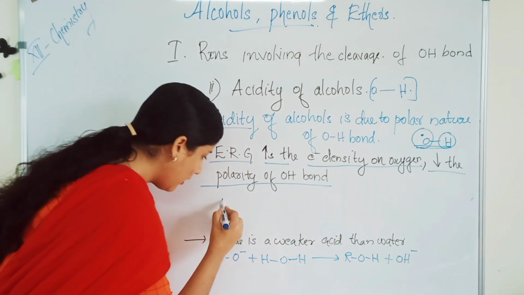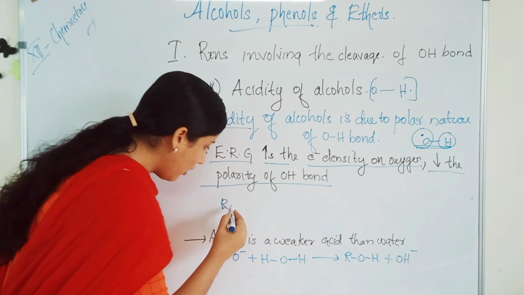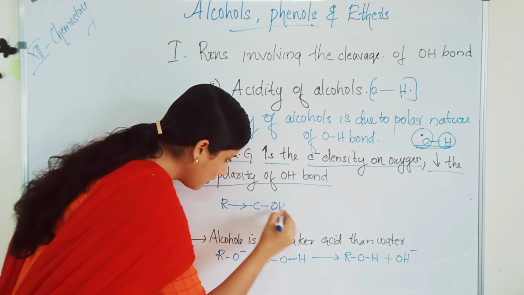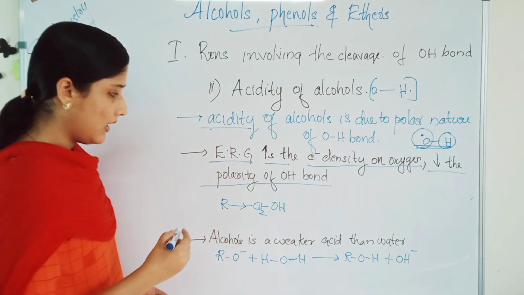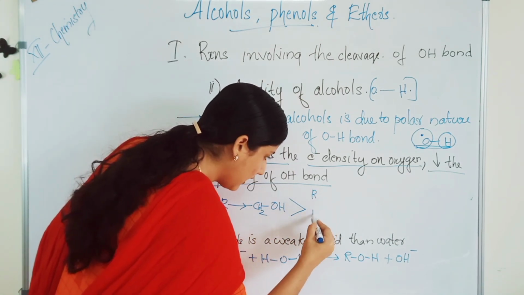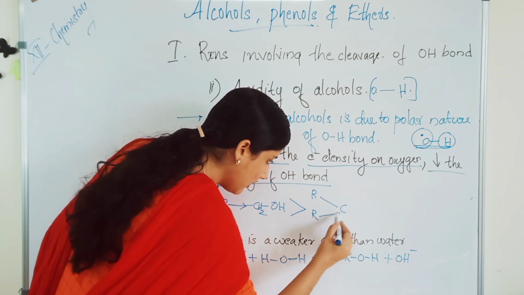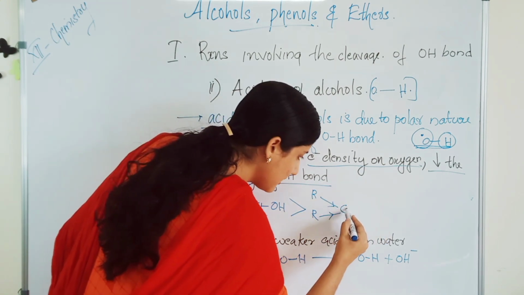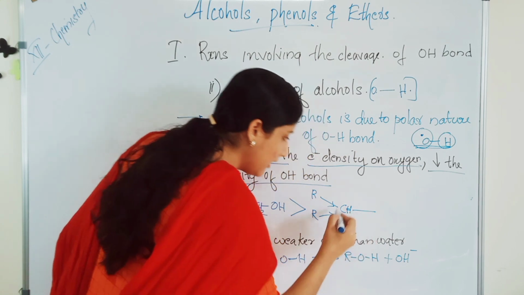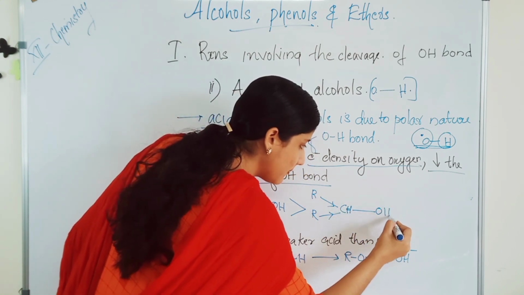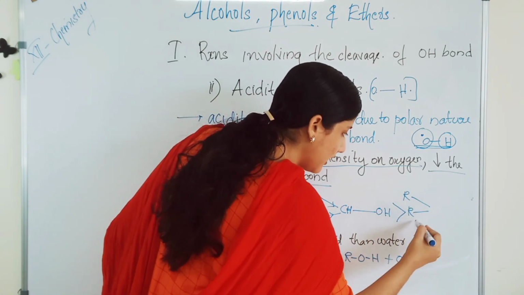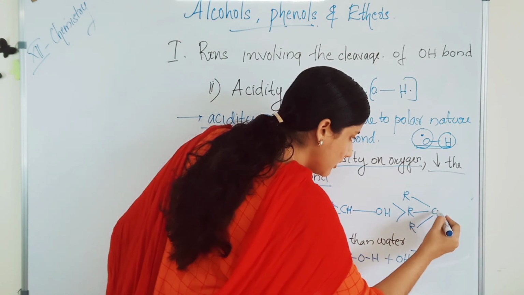As a result, the order of acidity of the alcohols is: primary alcohol, CH2OH, greater than if there are two alkyl groups on the carbon, which means more electron density on the carbon, and as a result the electron density on this oxygen also increases, which is greater than if there are three electron releasing groups on this carbon.